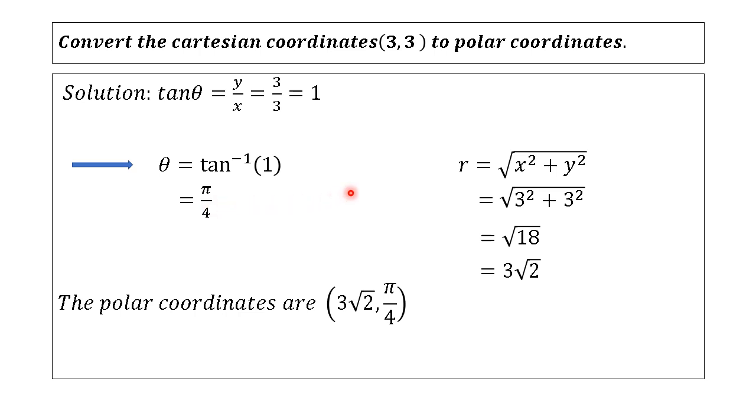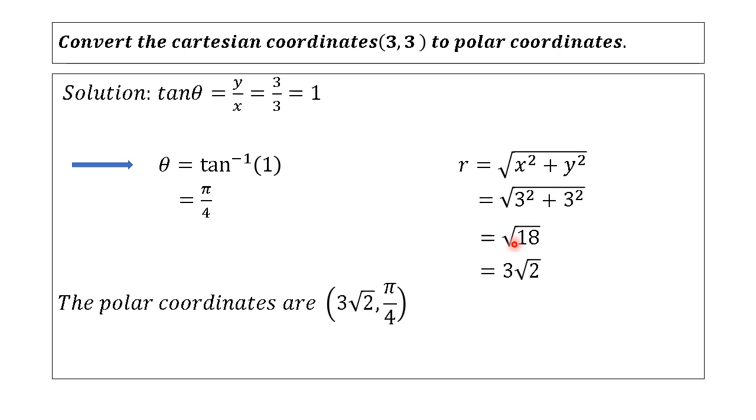Next, substitute the values of x and y in the formula. r is equal to square root of x square plus y square, and solve for r. Here x is 3 and y is also 3. 3 square plus 3 square. 3 square is 9. 9 plus 9 is 18.